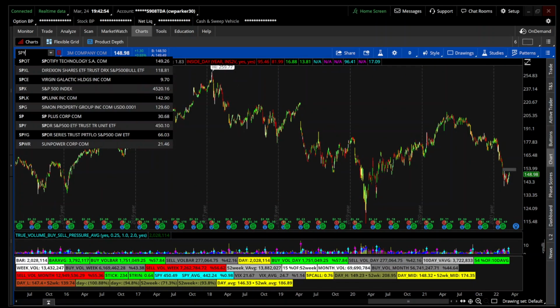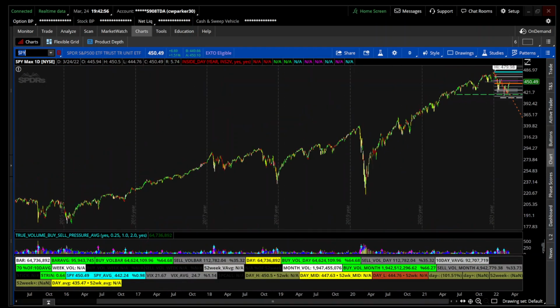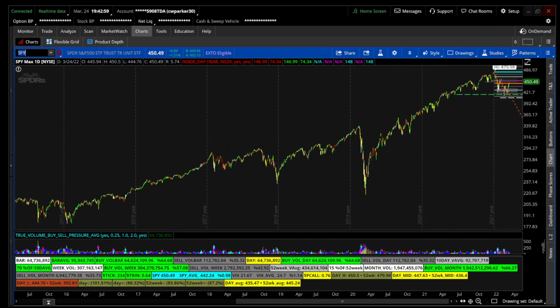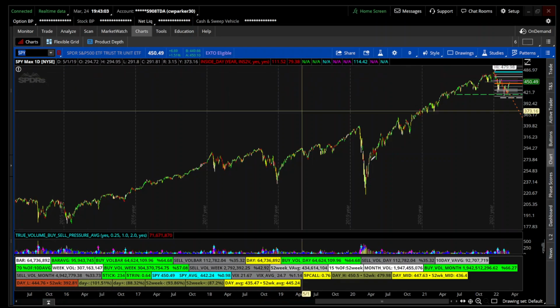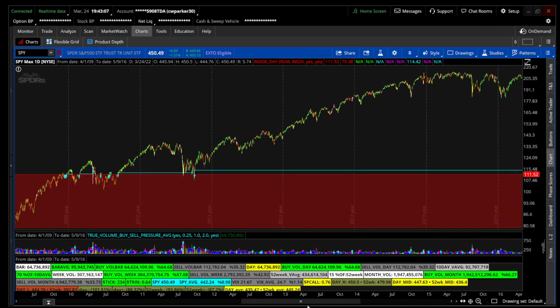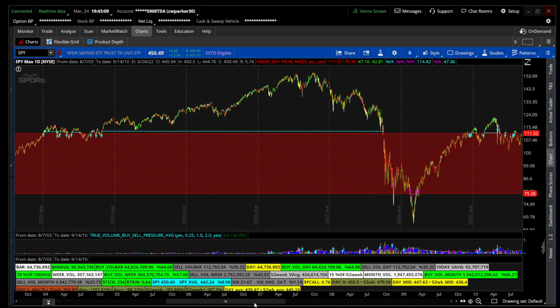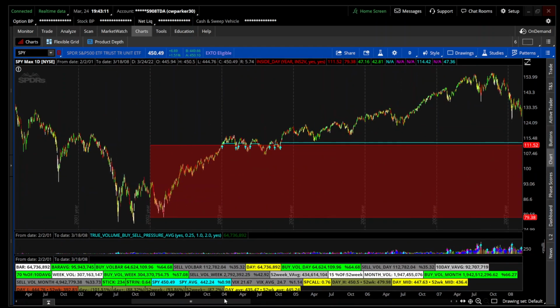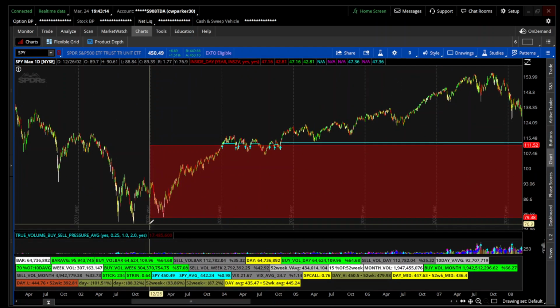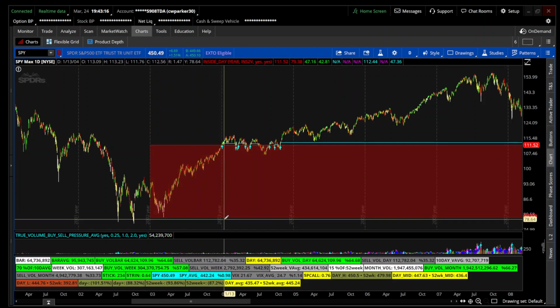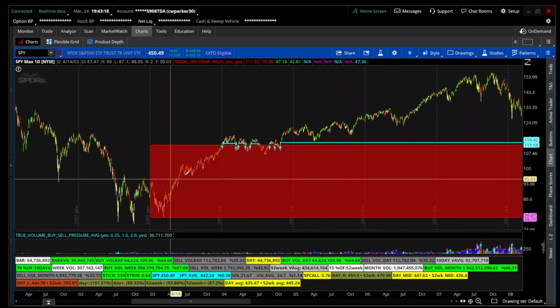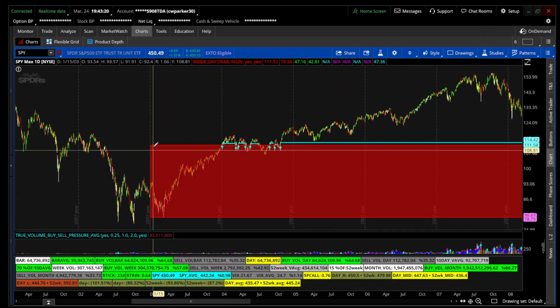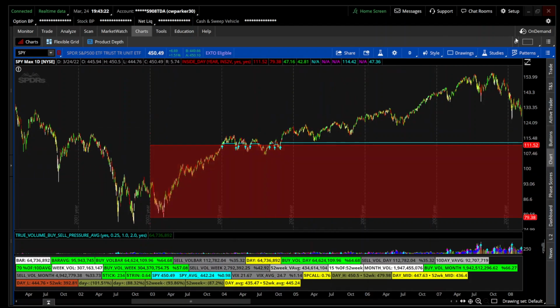Let's put on SPY and see what happens, if there's actually an inside year. And there was. So how far back does this go? From 2002 into 2003, it traded within this range. That's crazy. But I digress.